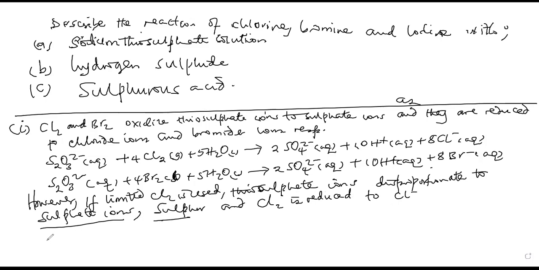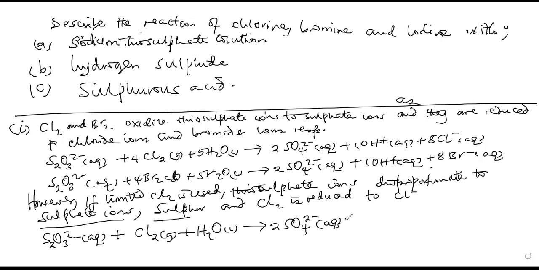So the equation would be thiosulfate ions plus chlorine gas and water, the thiosulfate will be oxidized to sulfate plus sulfur and the hydrogen ions, and then chloride ions.